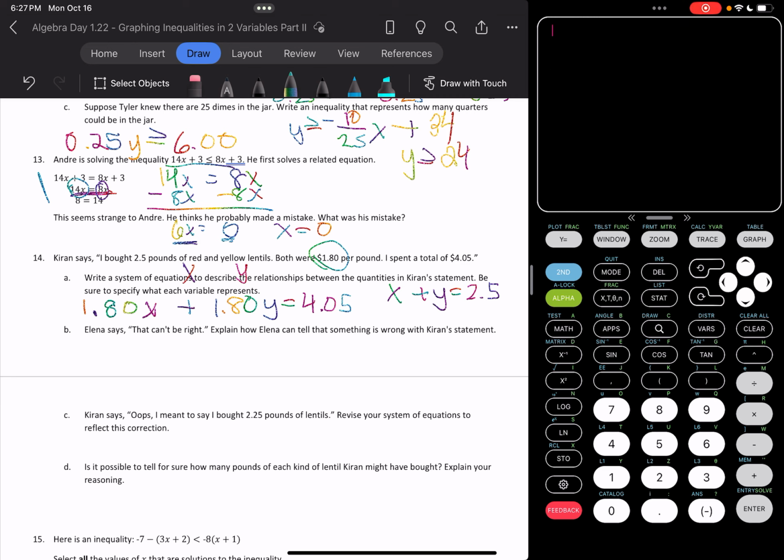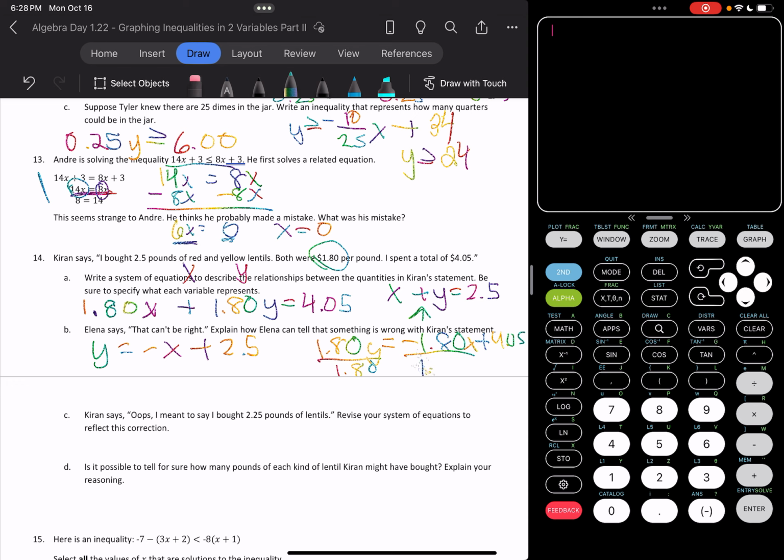So if we do that, we would have y equals negative x plus 2.5 as one of our equations. And then if I were to do the other one, I would have 1.80y equals negative 1.80x plus 4.05, divided by 1.80.